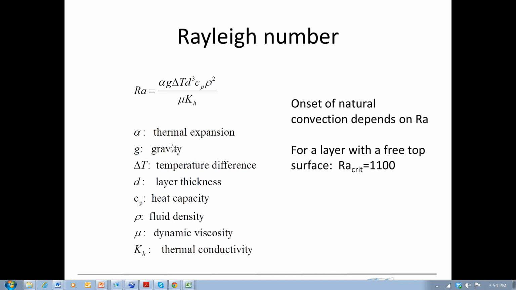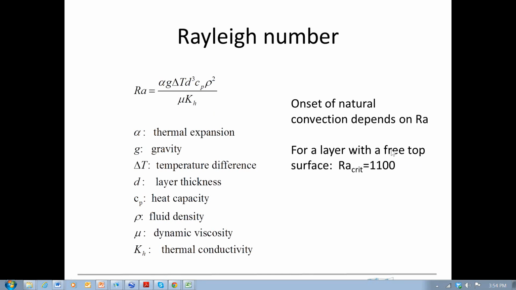This is for a layer, and so the delta T is the temperature difference between the top and the bottom of the layer, and the layer thickness and the fluid properties. So the onset of natural convection depends on the magnitude of this, because basically what's happening is you have a temperature difference between the top and the bottom of the layer, and if that's great enough to overcome the viscous resistance, then this process can occur.